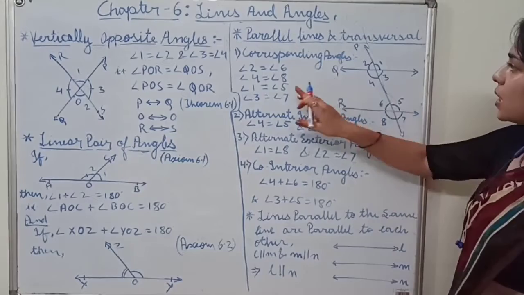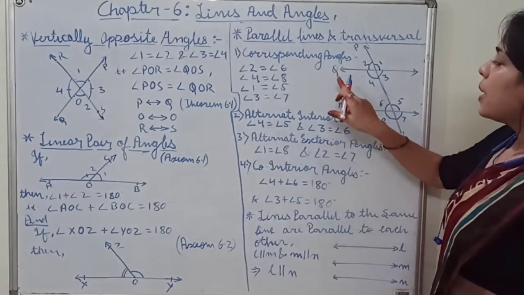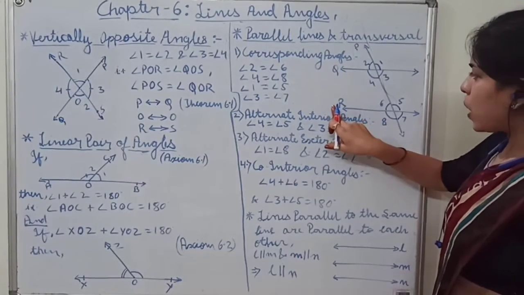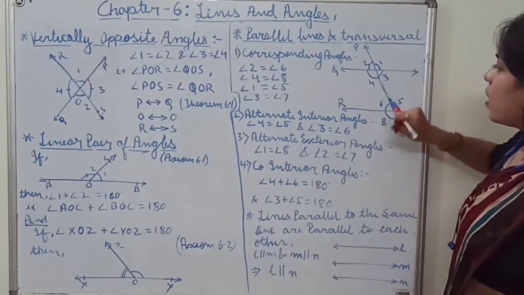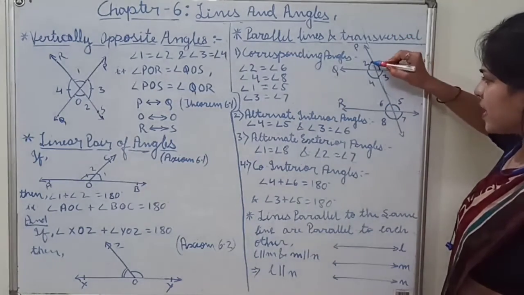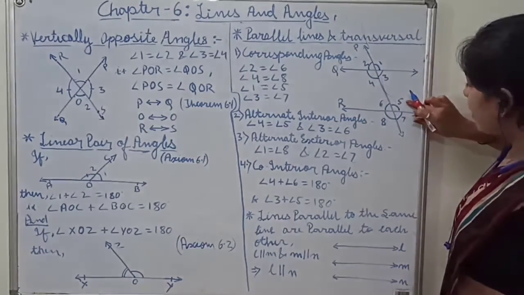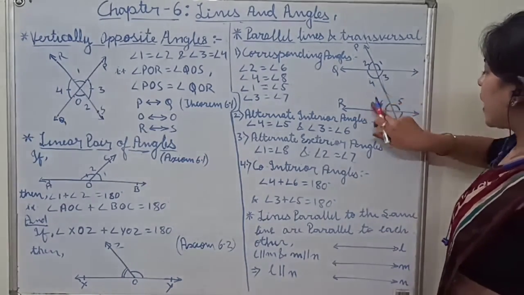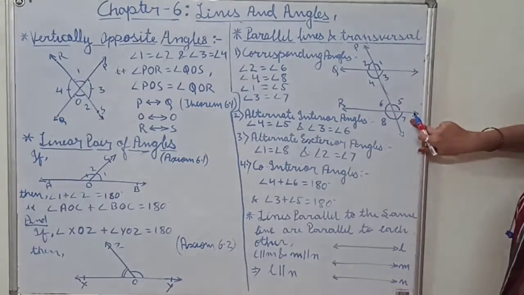First of all, what are corresponding angles? As Q is parallel to R and P is the transversal, angle 2 and angle 6 are corresponding, angle 1 and angle 5 are corresponding, angle 4 and angle 8 are corresponding, and angle 3 and angle 7 are corresponding.